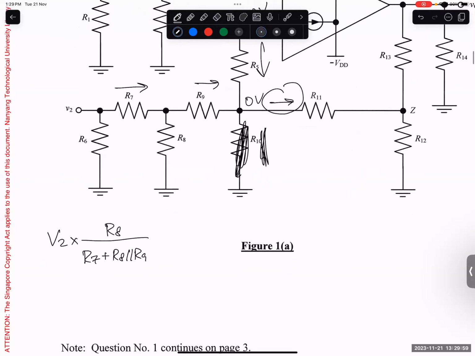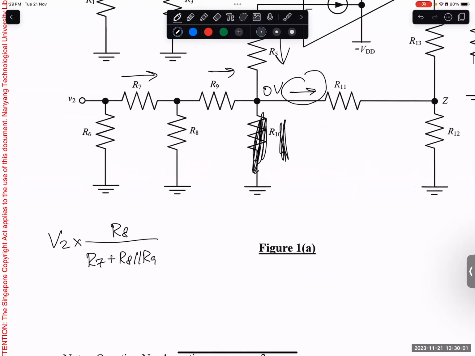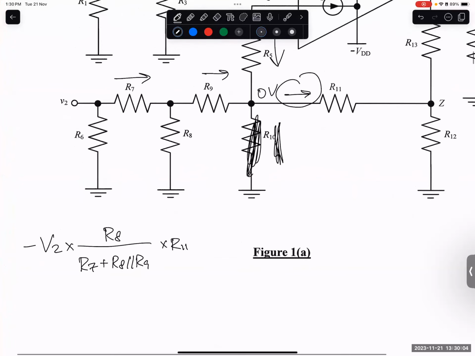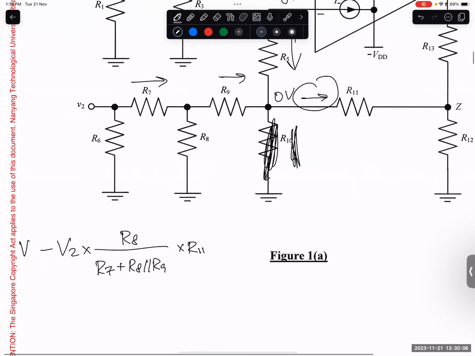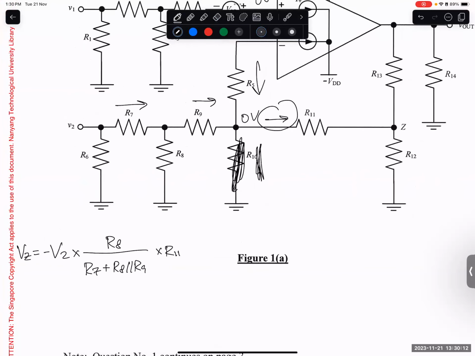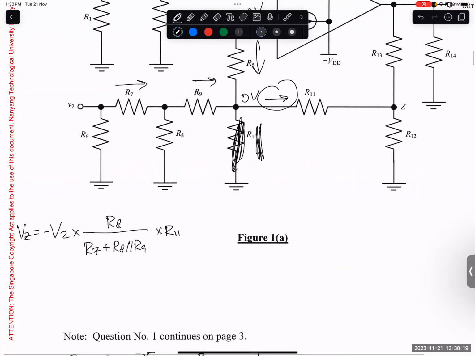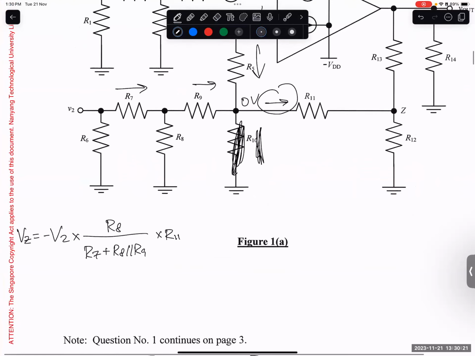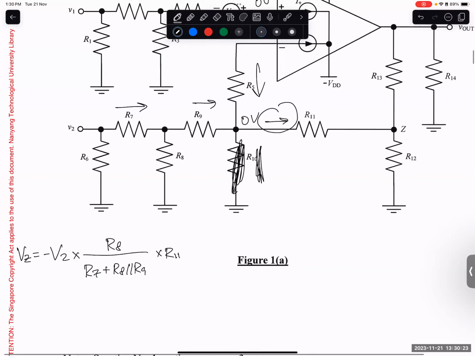Since this is the current, I just need to multiply by R11, and then I put a negative. This is VZ already. And then from VZ, how to get V out?